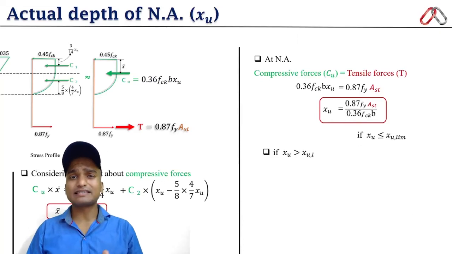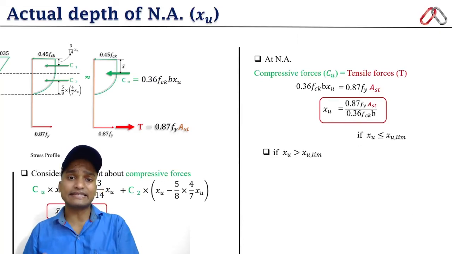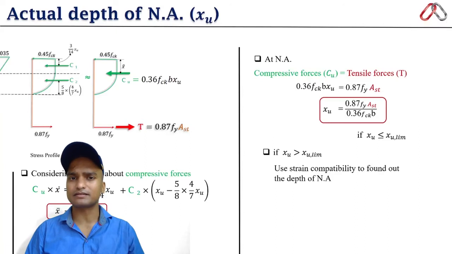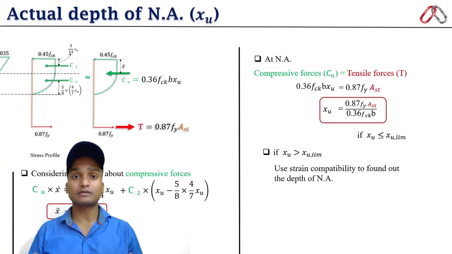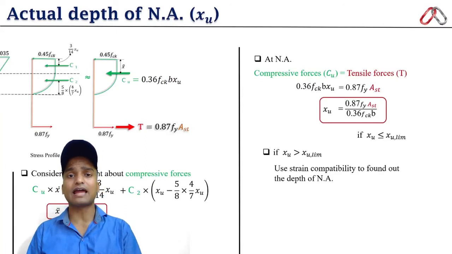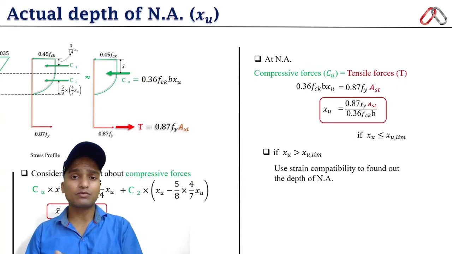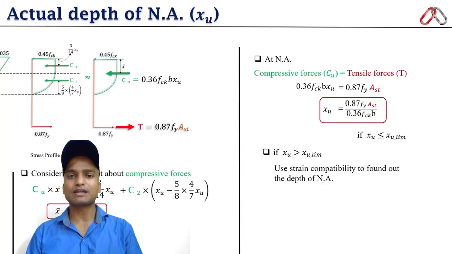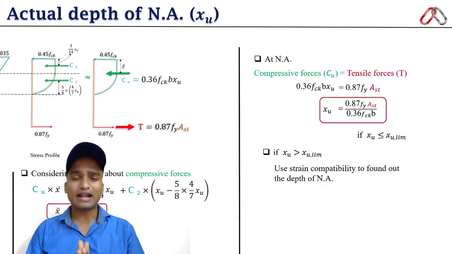And if in case the actual depth of neutral axis exceeds the limiting depth of neutral axis, which we don't do because that section is an over-reinforced section and that is prohibited as per the IS 456. But if such cases happen, then how do we calculate the depth of neutral axis? We have to use the strain compatibility. That is the only way left to us.